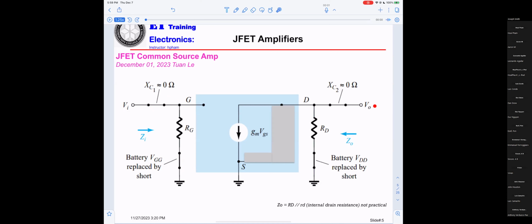At the output here, you can see you still get the current from the drain to the source, and the value will be gm times VGS. And you don't see any VDD here, because the battery VDD is shorted to the AC ground.